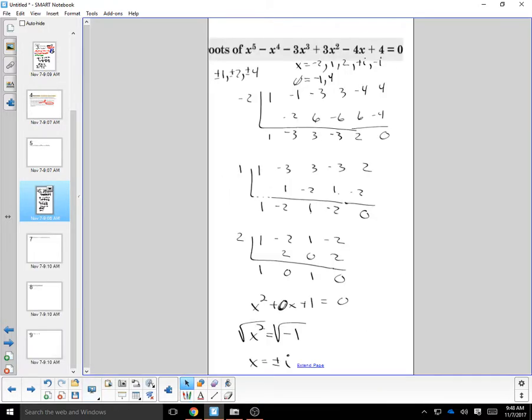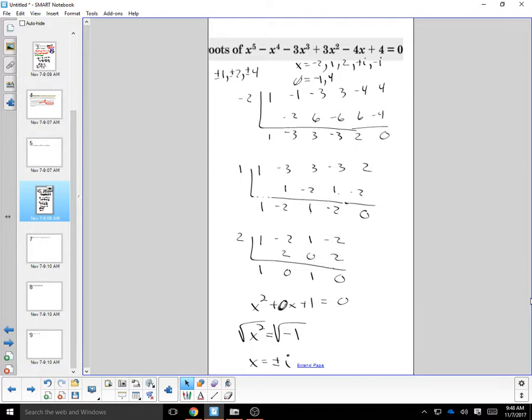Here is the whole caboodle. Yeah, because down here we took the square root of x squared, so we should get plus minus. Remember the conjugate root theorem?